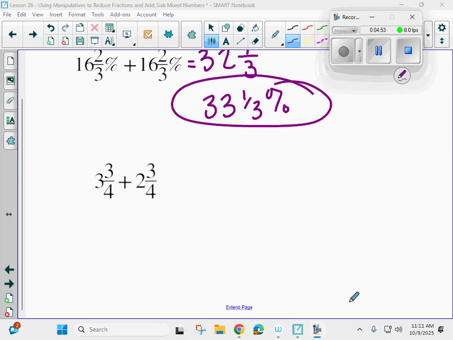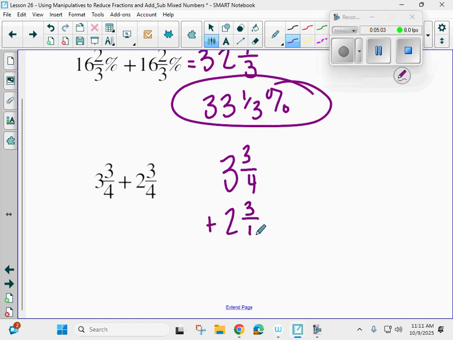All right, you guys, let's add these lovely fractions. Now, when I write this down, I actually prefer to write these underneath each other like this, okay? It doesn't really matter. This is just how I like to do it, all right? So I can add my whole numbers to get 5, and then I can add the tops of my fractions, everyone, to get what? Excellent job.